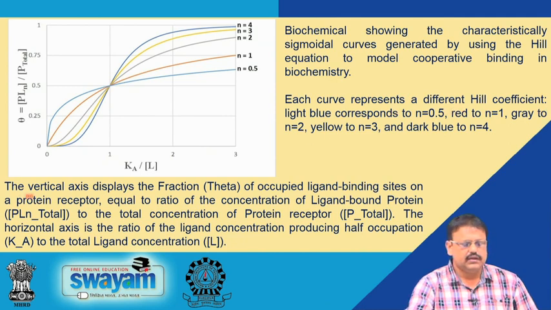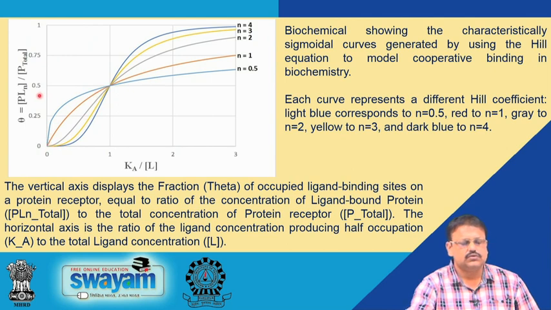The vertical axis displays the fraction theta of occupied ligand binding sites on the protein receptor, equal to the ratio of the concentration of ligand-bound protein to the total concentration of the protein receptor. The horizontal axis is the ratio of the ligand concentration to the concentration producing half occupation of the total ligand binding sites. So, these are the types of curves.